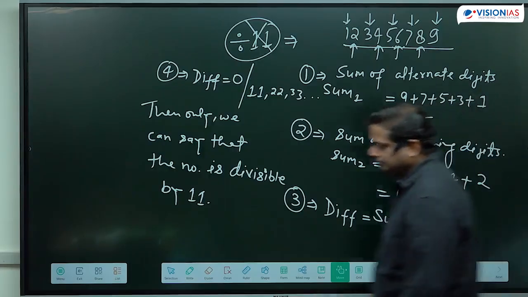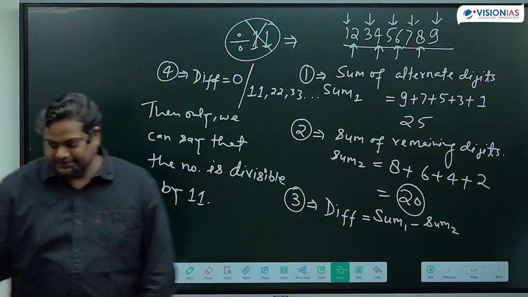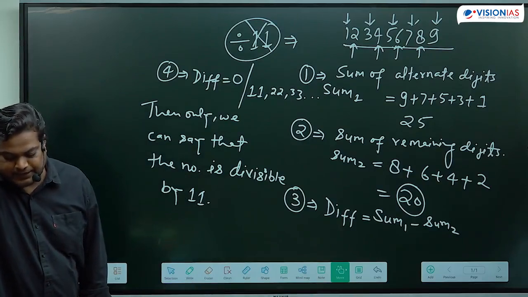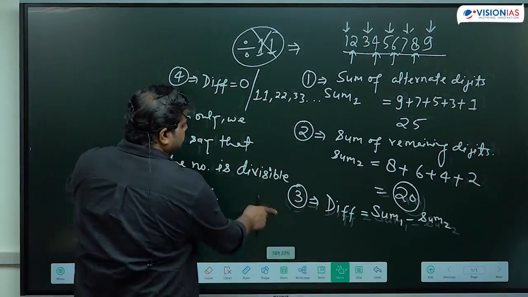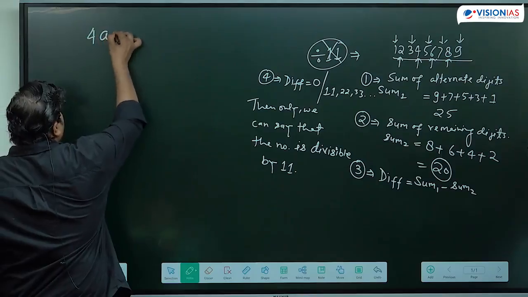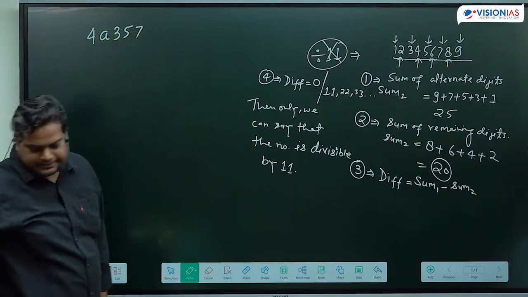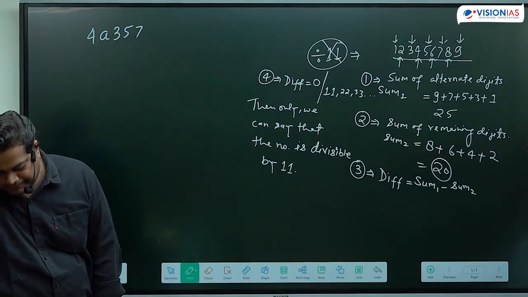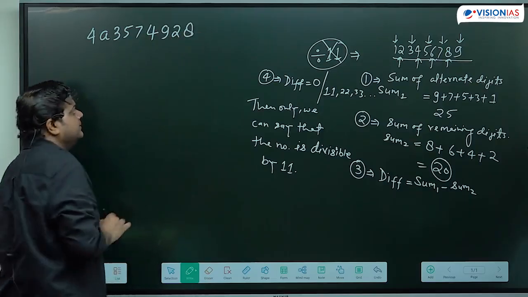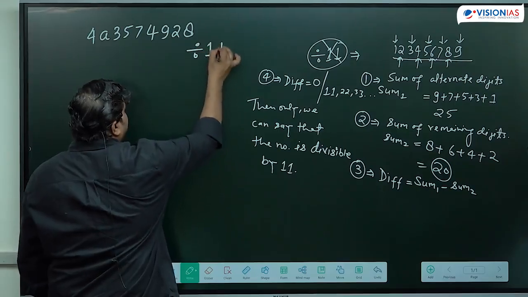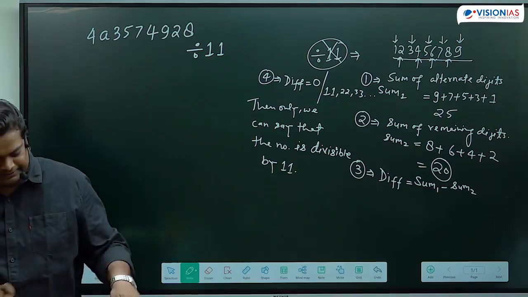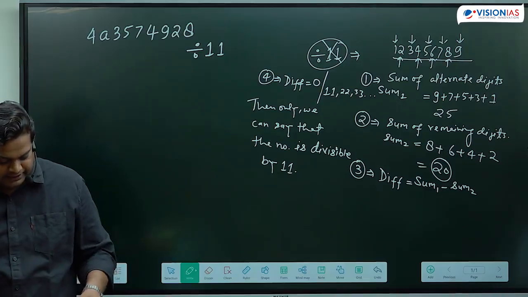Done? क्वेश्चन लिखते हैं. A number 4A357, 4928, is divisible by 11. Find the value of A.